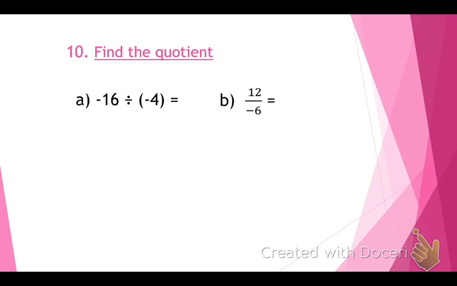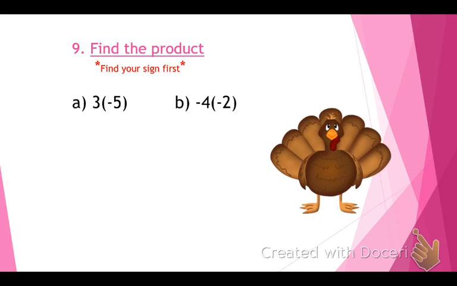For these ones, we are finding the product. Is this the same rule, same sign, add and keep, different sign, subtract and take? No, that's only for adding and subtracting. This one has a totally different rule. Now you're simply counting the negative numbers. How many negative numbers do I have on problem A? Only one. If there's only one negative sign, will my answer be negative or positive? It will be negative, okay?